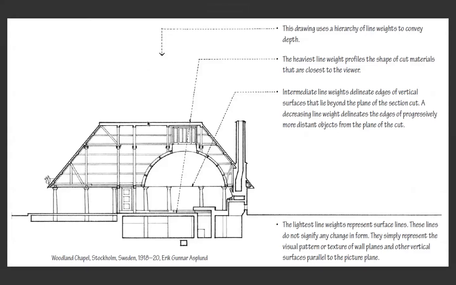As you can see in this example, whenever we have a cut through, as you can see in this chimney, in these walls, the lines are thicker. But if the figures that we see are far away from us, like these ones here, or the details on the door, then the lines will be thinner.